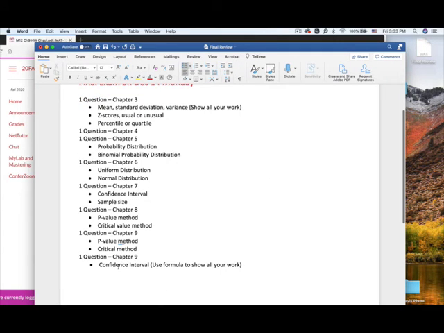So you have 2 questions from chapter 9. One is hypothesis testing, one is a confidence interval. Then one question from chapter 10. For chapter 10, you need to know how to do the hypothesis testing for the linear correlation coefficient.